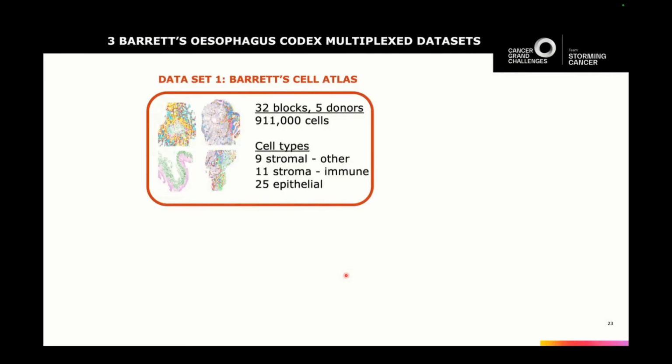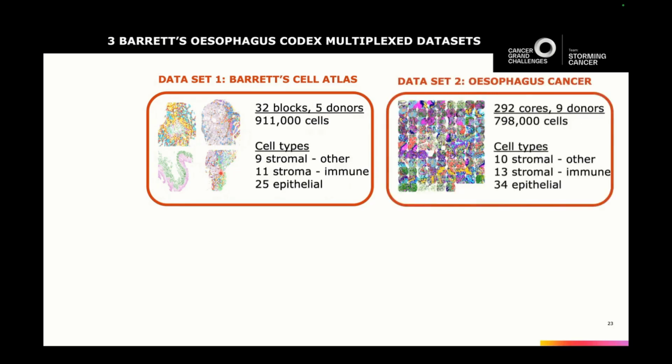So we, with the team, acquired 3 major data sets. First was to characterize an atlas of Barrett's esophagus across different disease states, from normal to metaplasia to dysplasia to cancer, from the same individual.